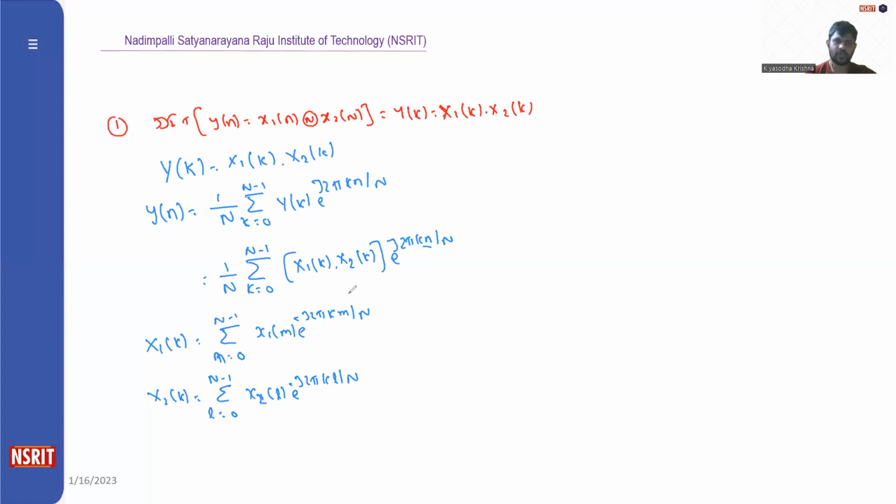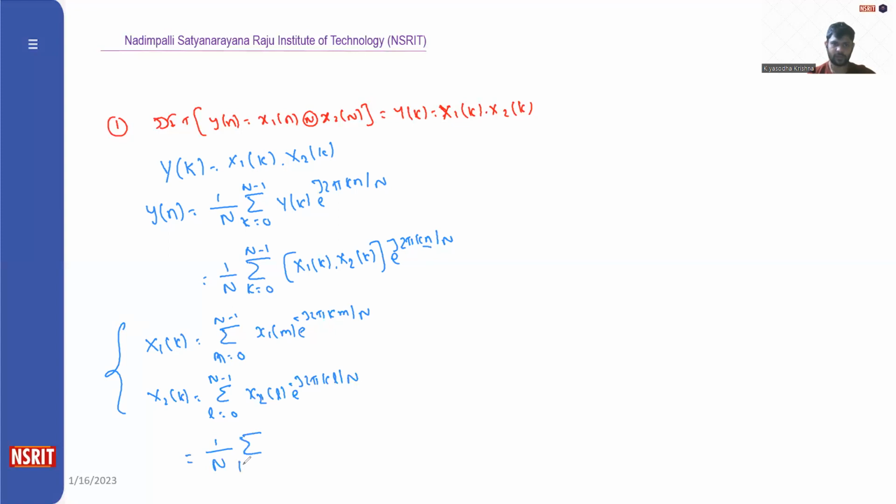Now substitute the above two expressions in equation 1. We can name it equation 1. Just substitute x1 of k and x2 of k in the above expression.